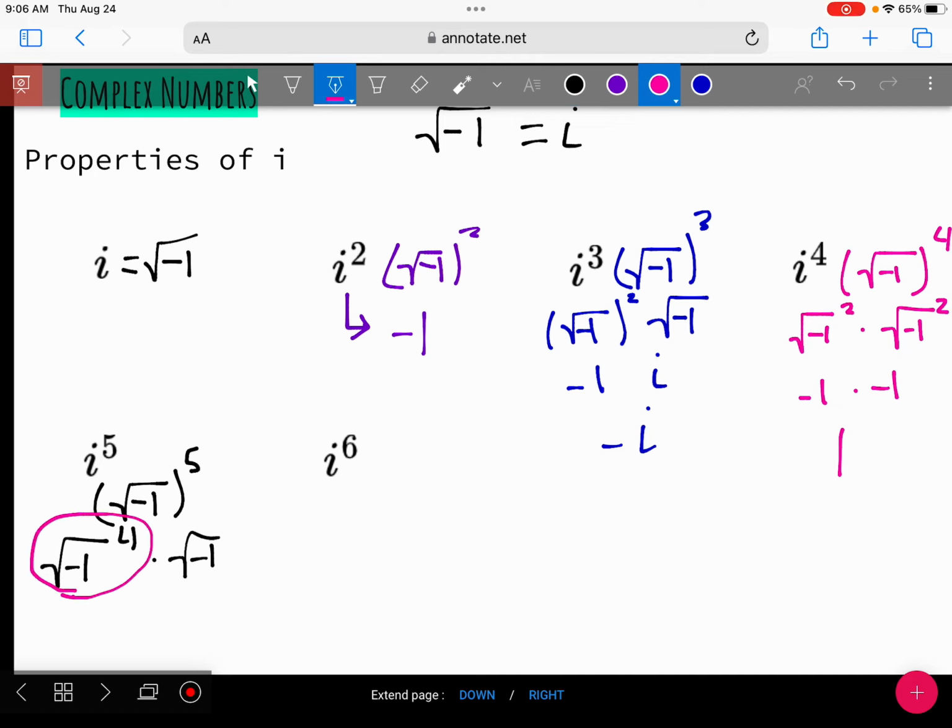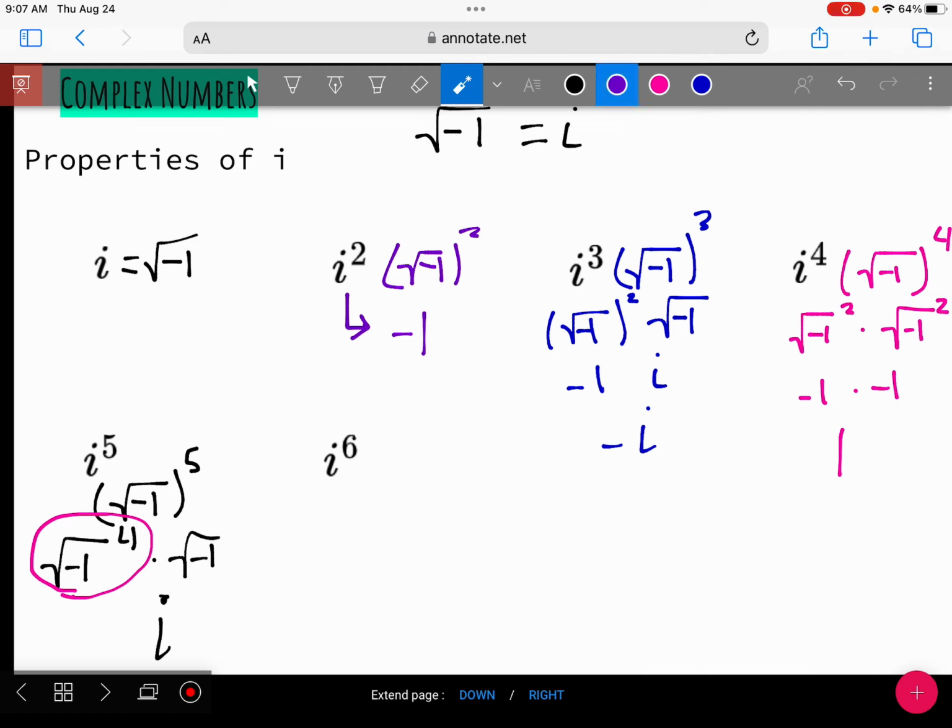This is 1. So this simplifies down to be just i. I can pull out i to the fourth. i to the fourth is 1. Right? i to the fifth is i to the fourth times i. Okay, so it simplifies down to i.